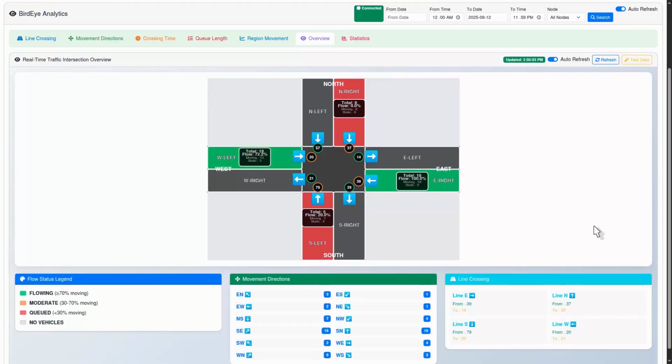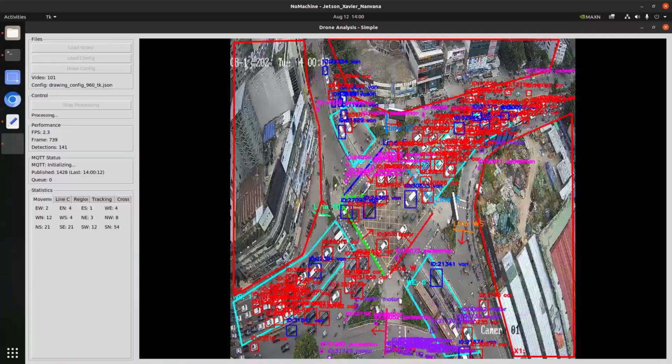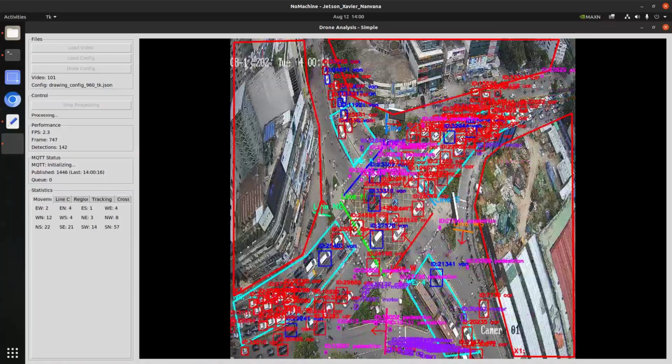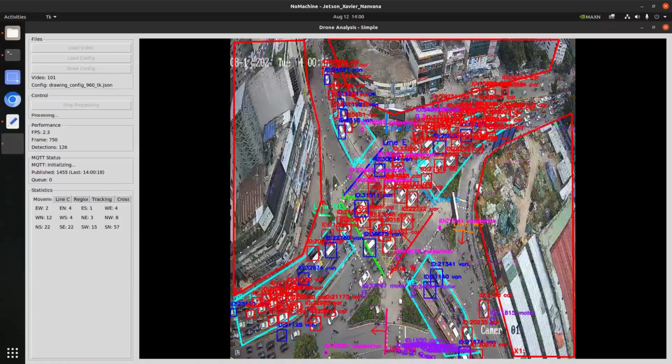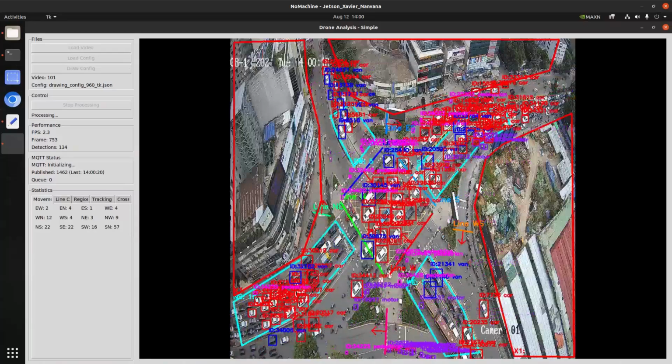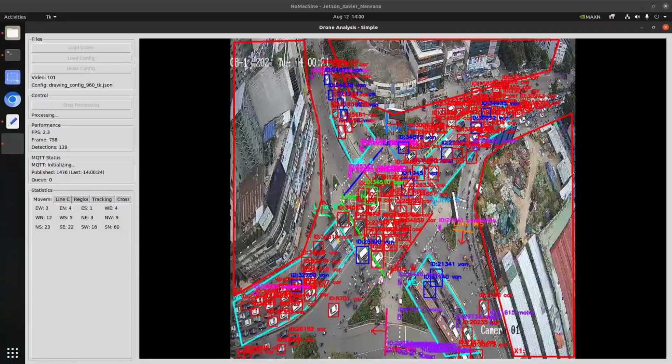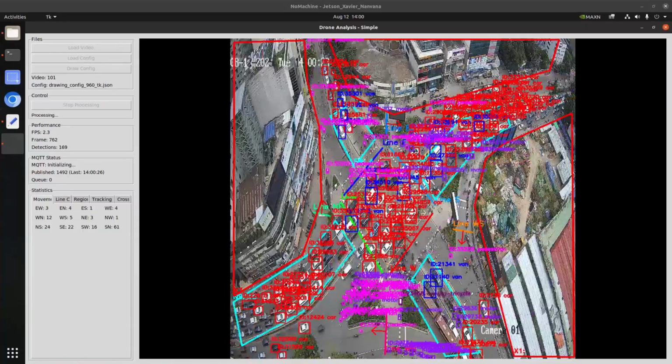From the overview, we see the real picture of the intersection and get informed analytics for precise signal timing and enforcement management.